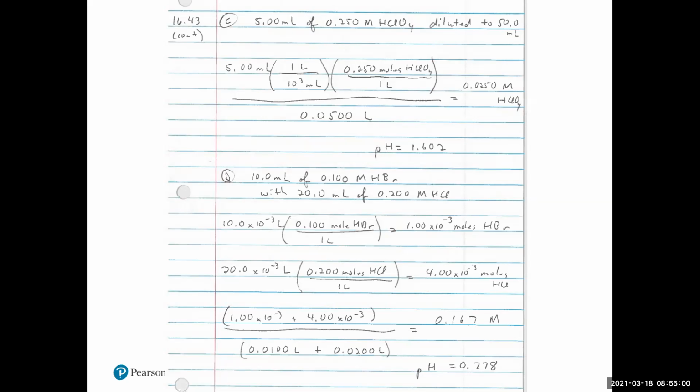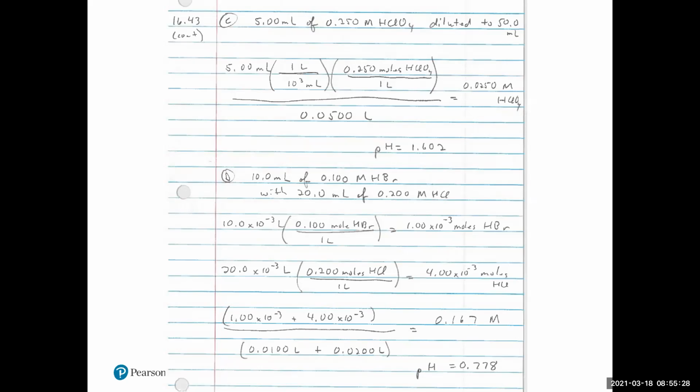So we want to change the mils into liters, because if it's a molar solution, that's moles per liter. So once again, we use our 10 to the third. So 5 divided by 10 to the third mils gets us into liters. And then that multiplied by our molarity gives us how many moles of the HClO4.